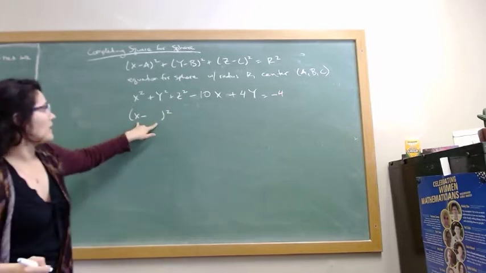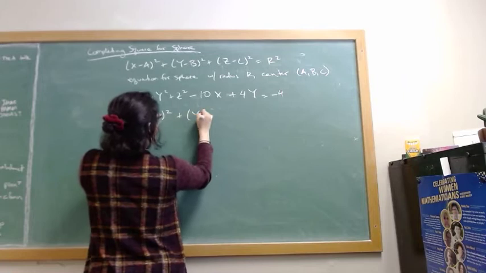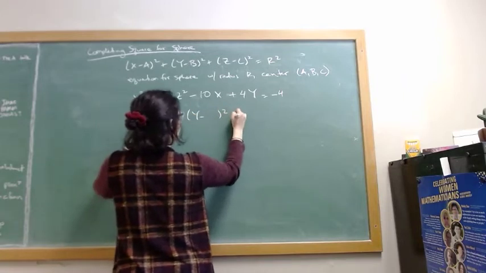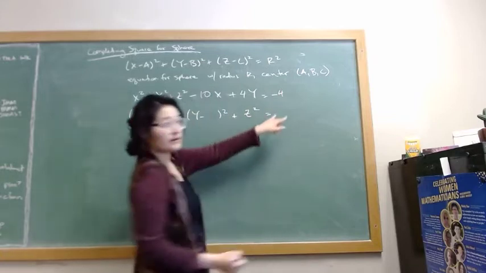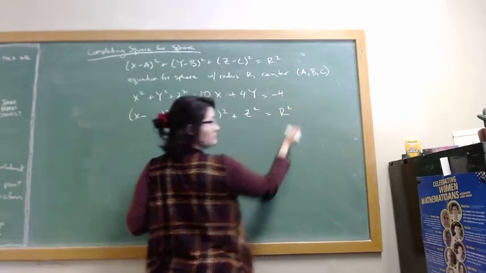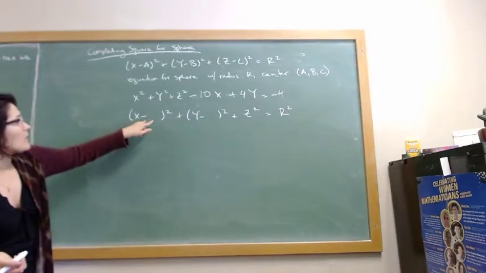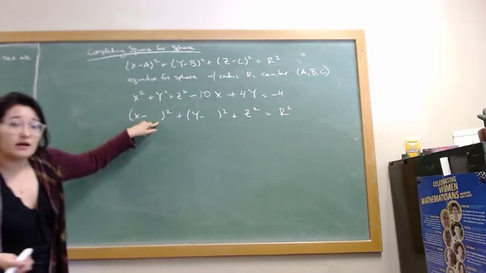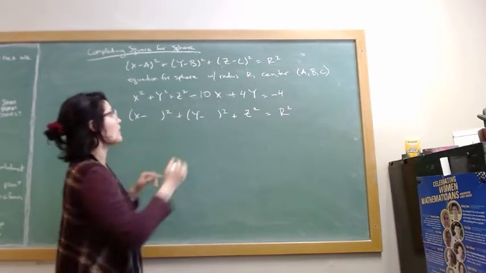So I want to have x minus something squared plus y minus something squared plus z squared equal to some radius r squared. The way that I pick what goes inside here is based on the numbers attached to x and y.